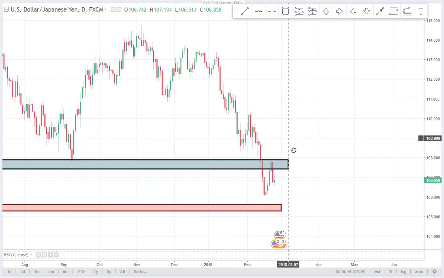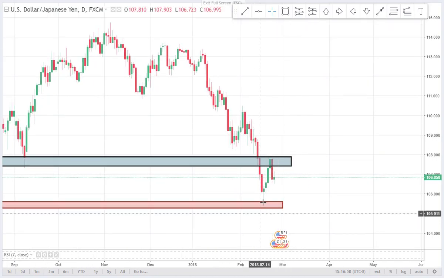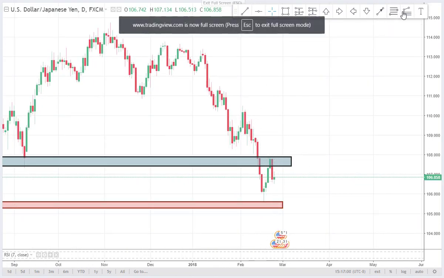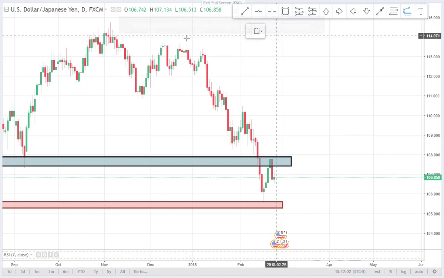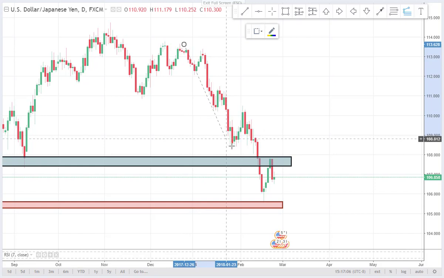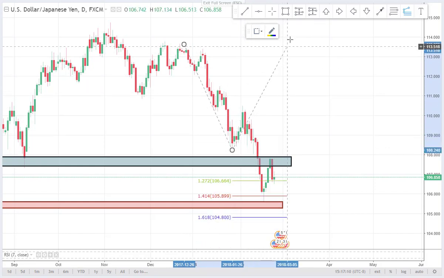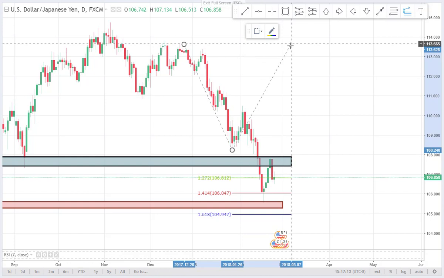Now, just after identifying this demand level, I want to take my extension from this swing high to this swing low, back to my swing high. Look at our 618.